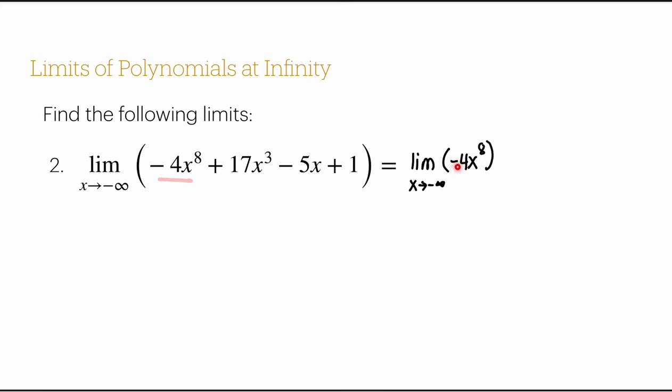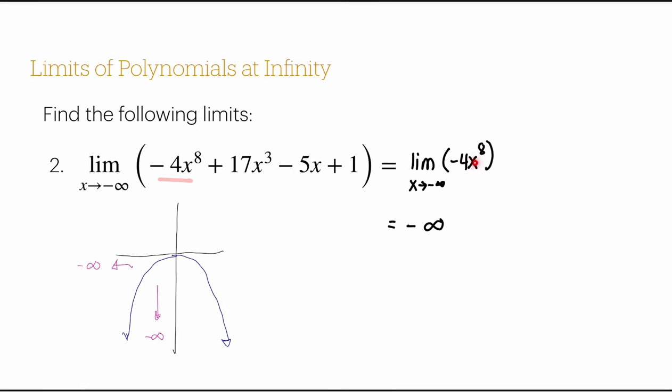And again, from what we have learned, if it's even and it's negative here, then our curve would be like this. It's facing downward. And so when x approaches negative infinity, y also approaches negative infinity. So our answer for this number is also negative infinity.